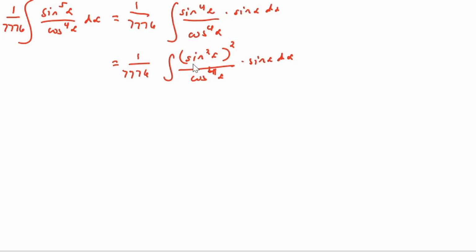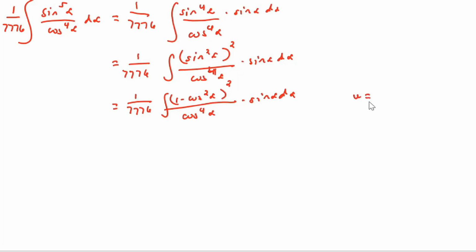And from the identity of sine squared alpha, we can write now 1 over 7,776 times 1 minus cosine squared alpha to the power of 2 all over cosine to the fourth power of alpha times sine alpha d alpha.